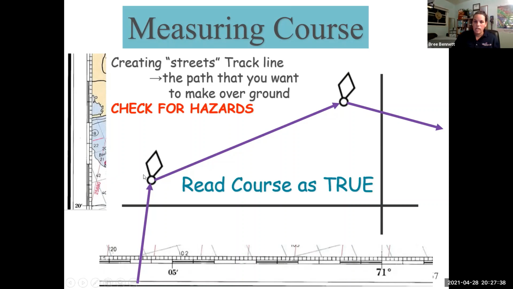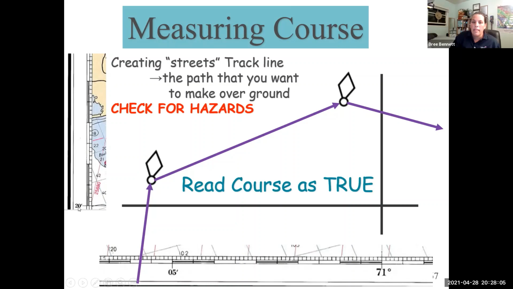So once we draw the line, we check for hazards, then we want to read what the course is so that I can steer that course. So what is the course, the direction of that line? And that's how we're going to indicate different lines, by what their course is, what direction it is.